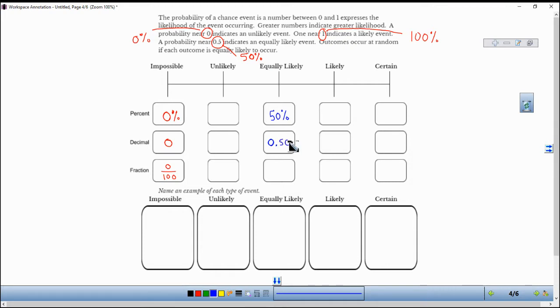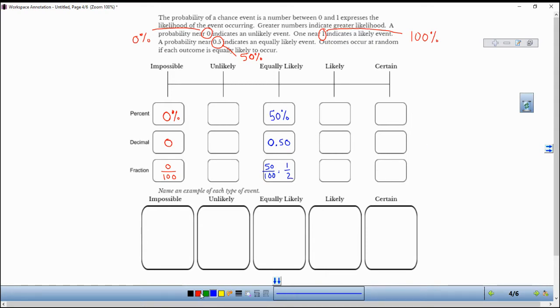We'll write that as 50 hundredths at this point, but if you drop that 0, it'd still be 5/10. As a fraction, there's a couple ways we can write that. 50 out of 100, but we can simplify that to 1/2. Okay, so if something's equally likely to happen, 50% chance.